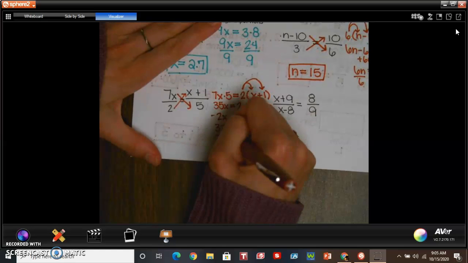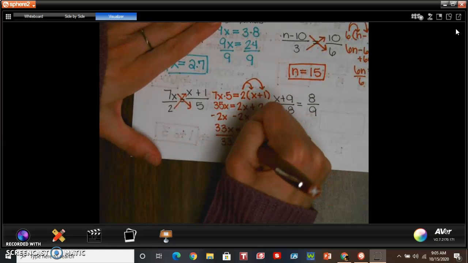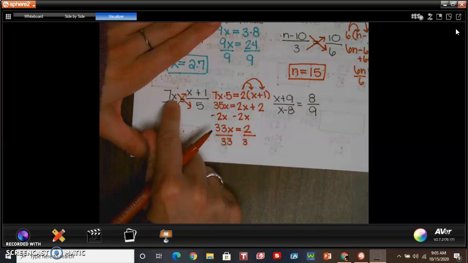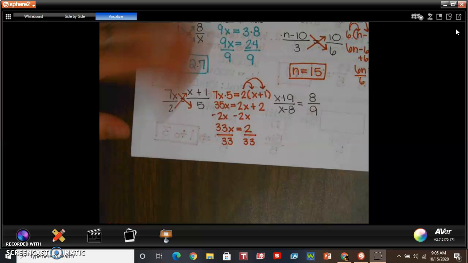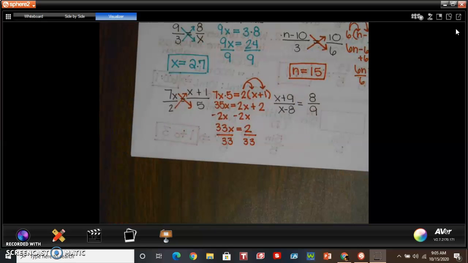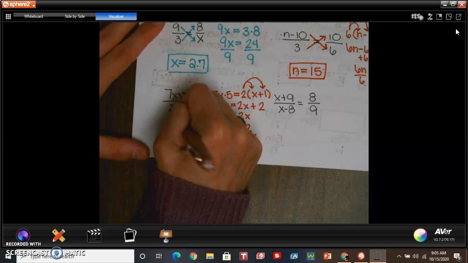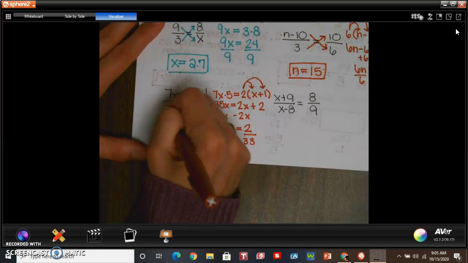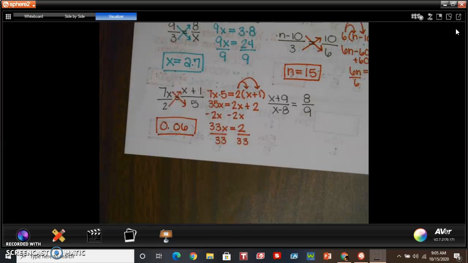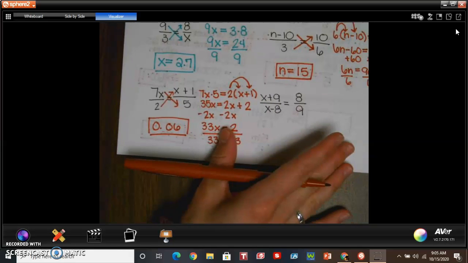All right, divided by 33. Two divided by 33 gives us 0.06. Okay, you'll have 3 questions like that on your homework. This is all algebra. We have yet to apply this to geometry. We're just doing algebra right now.